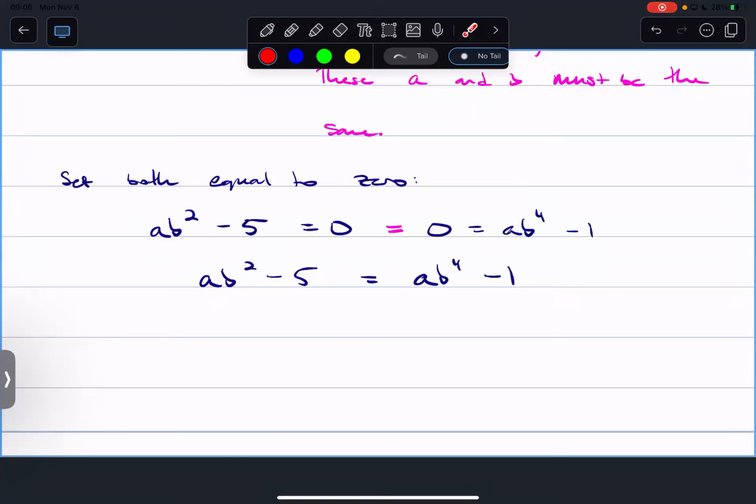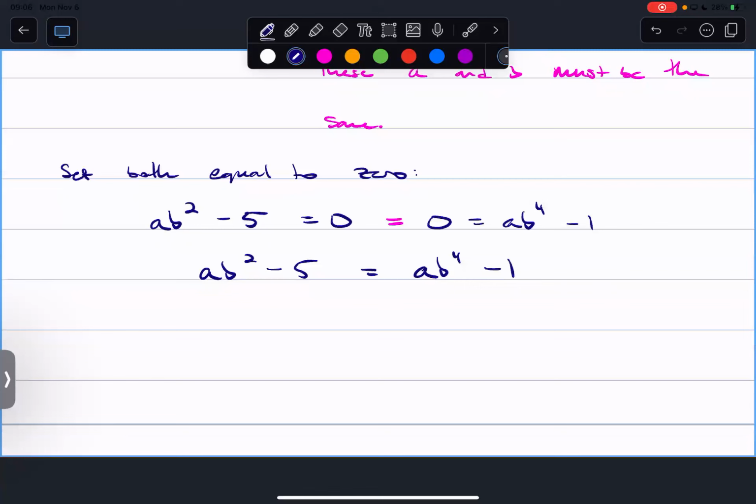Or what's another thing I could do? I could bring the A's over to one side and the numbers over to the other side. Maybe that's cleaner, right? And so if I have ab squared minus ab to the 4 is negative 1 plus 5, right? Just to illustrate here, I'm doing a little switcheroo in one go.